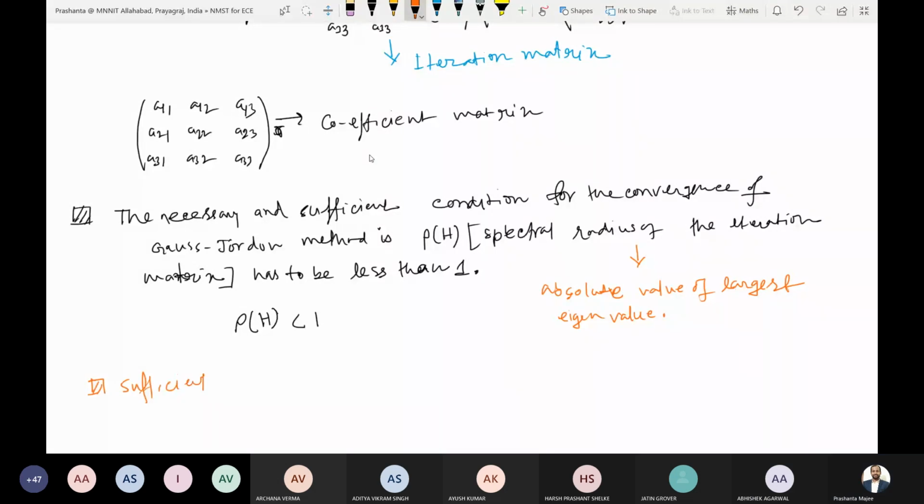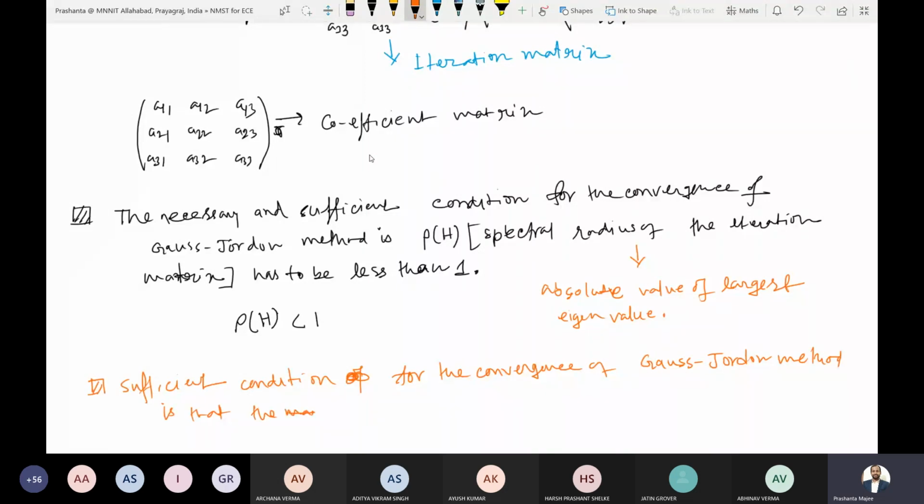The sufficient condition for the convergence of the Gauss-Jordan method is that the coefficient matrix has to be diagonally dominant. Now it is the coefficient matrix, not the iteration matrix.